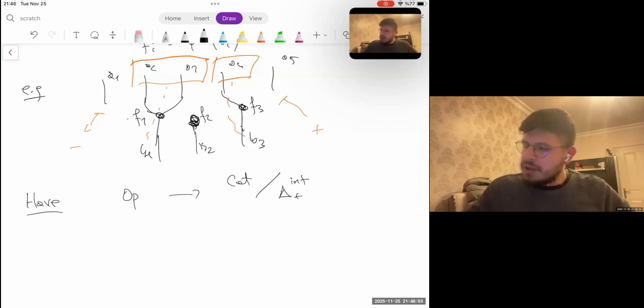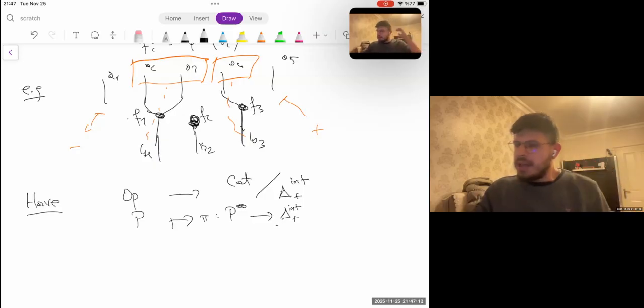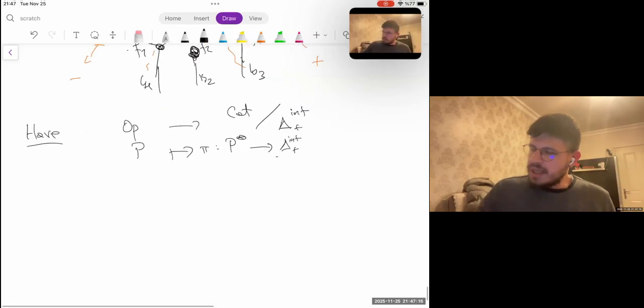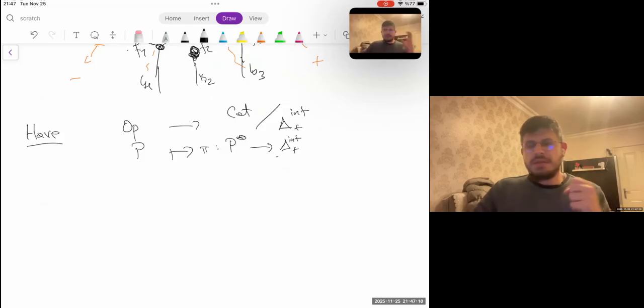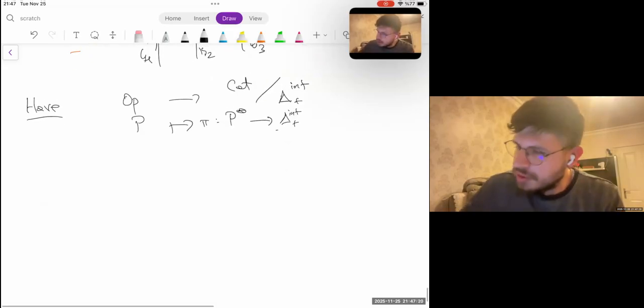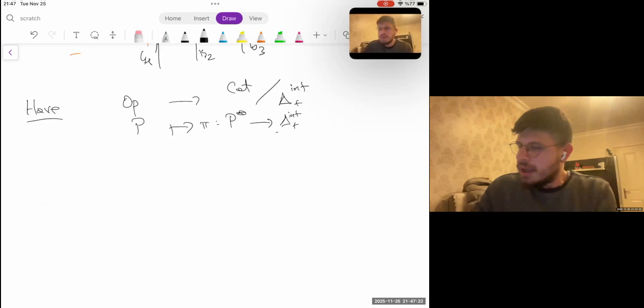This is P tensor, and it is equipped with a map which we call pi into this interval category that I described. Anyway, Lurie's idea is that we can detect these. I'm out of time.